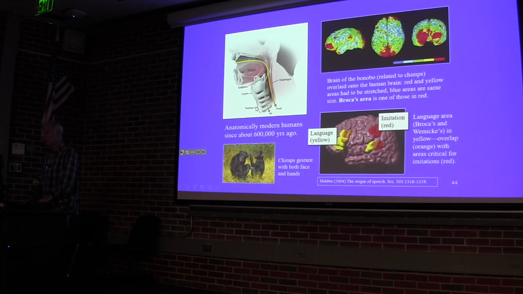Let's look at brain anatomy. If you look here at the chimp or the bonobo, the closely related species, look at the brain and then expand the chimp brain to fit the size of our brain, you'll see the regions that you have to do the most expansion on.